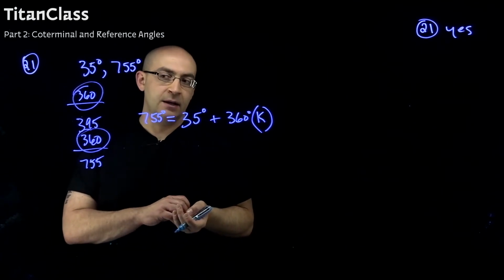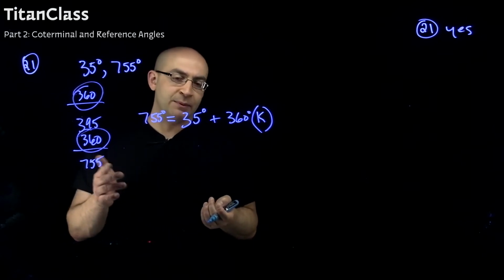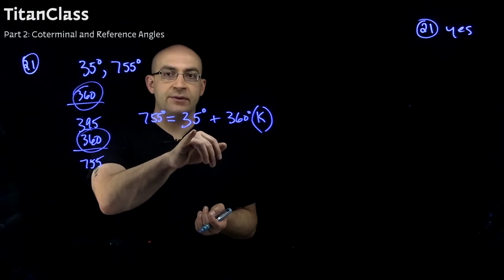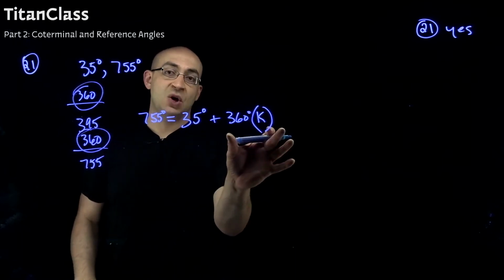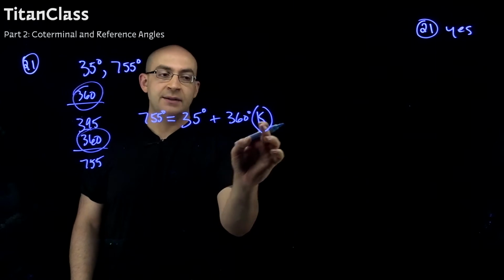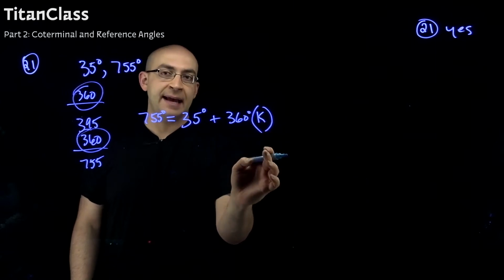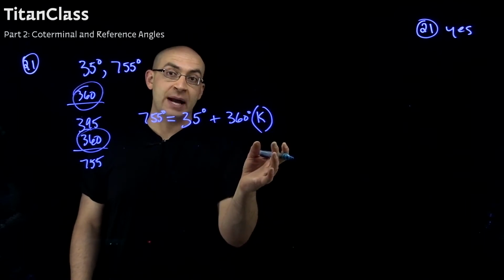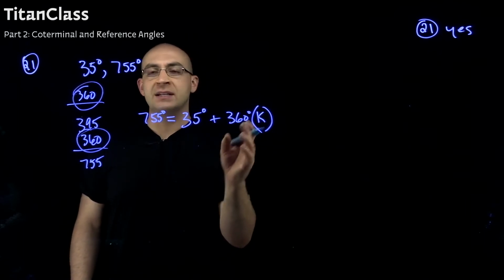No, absolutely not. For ones that look a little funky, I probably would. So I take the first value, 35 degrees, and add the quantity of one revolution's worth of degrees times how many revolutions. K represents the number of revolutions, and obviously that can be positive or negative, which is fine. We're trying to solve for K.